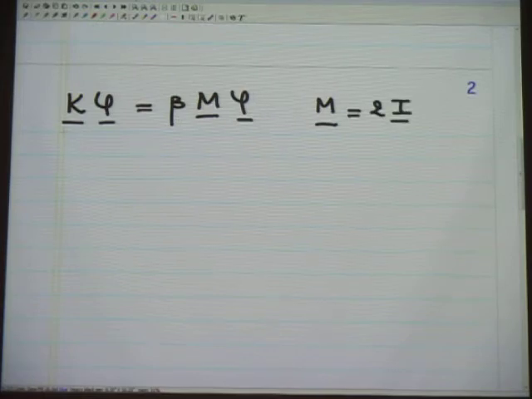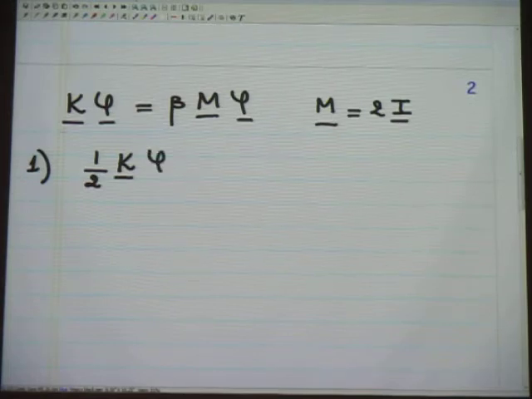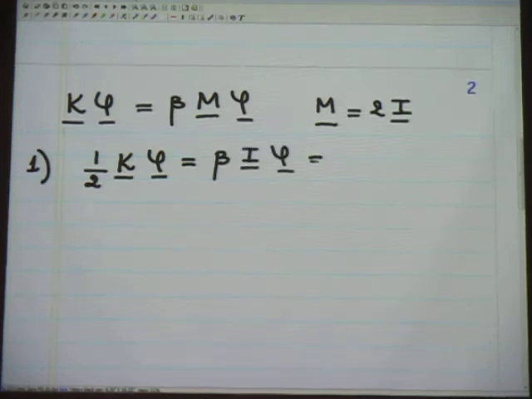So method one is to divide both sides by 2. Then you have K over 2 phi equals beta phi, and this we call K-bar.